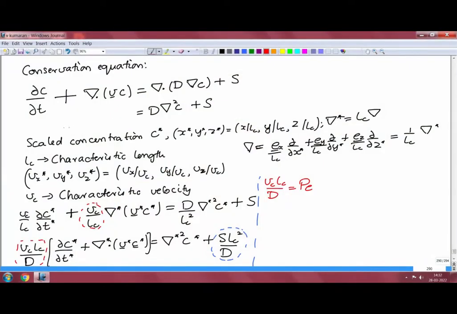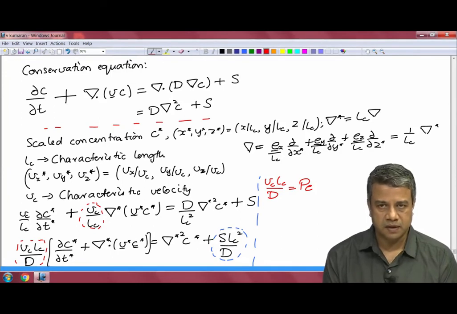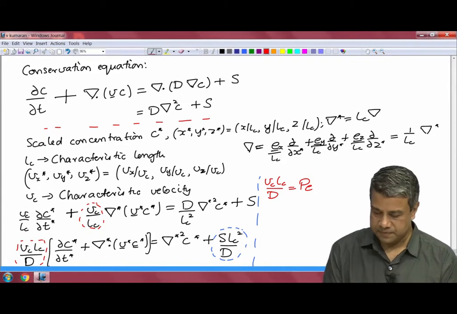In the last lecture we were looking at solving the diffusion equation for transport in the limit of low Peclet number. As I told you in the last lecture, the most general form of the conservation equation, containing the time derivative, the convective transport, the diffusive transport and the source term, when scaled, reduces to a form where there is a Peclet number multiplying the convective term on the left if all variables are scaled by the diffusion scales.